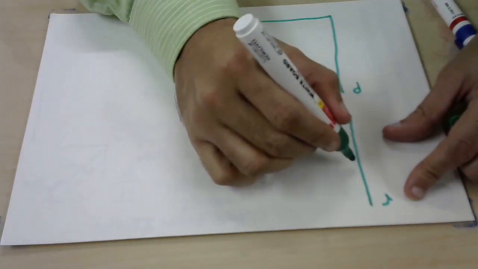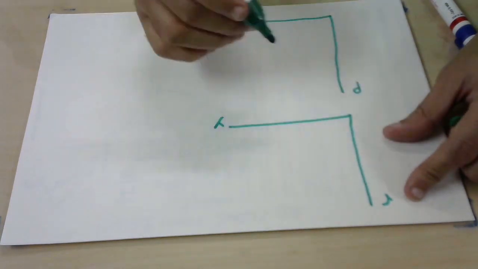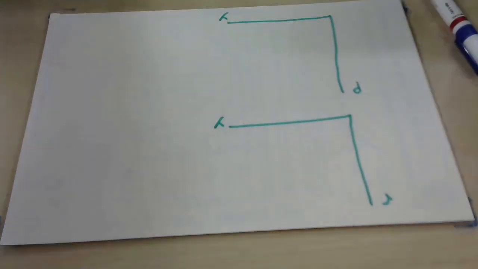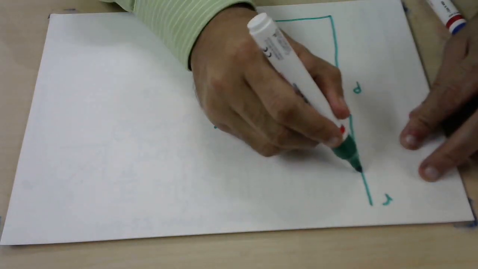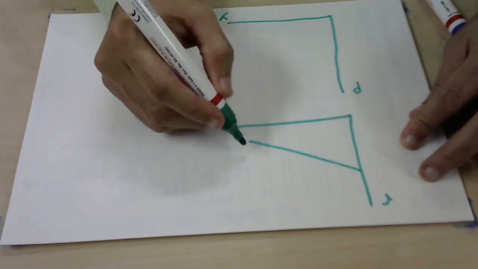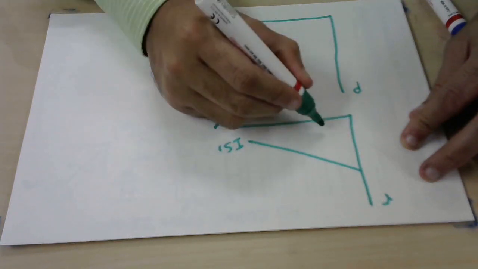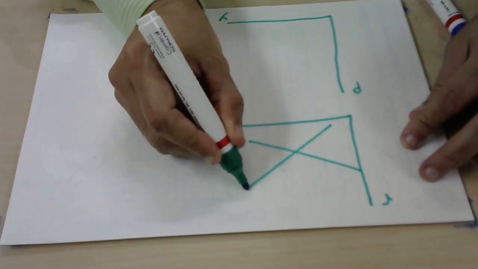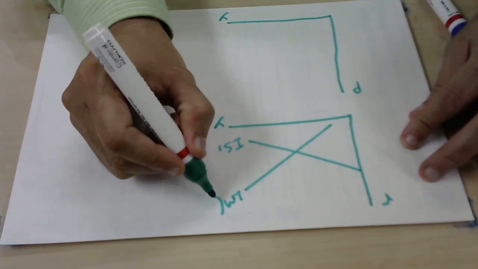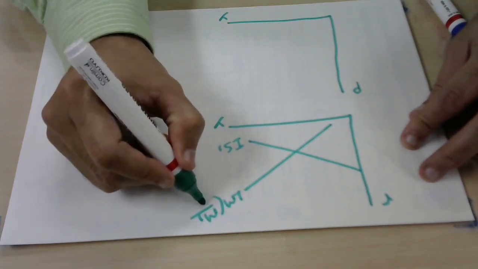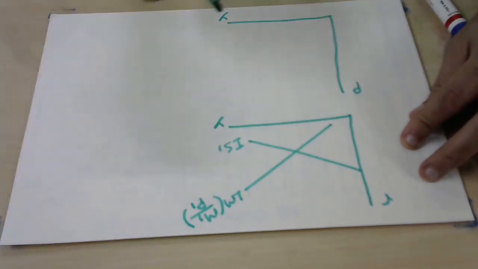Initially my IS curve was looking like this. This was IS1, and suppose my LM curve was drawn for money supply of M1 and price level of P1.